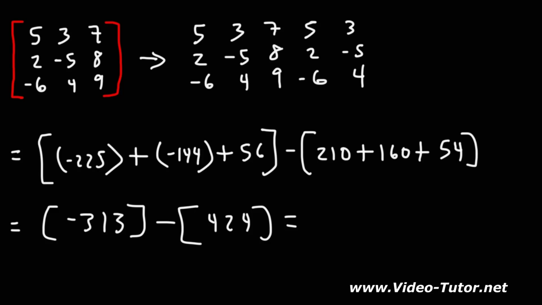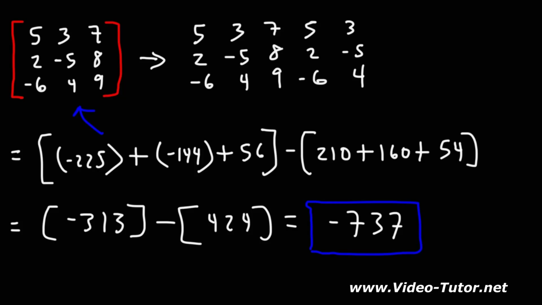Negative 313 minus 424 is negative 737. So this is the answer. That is the value of the determinant of this 3x3 matrix. So that's how you could find it quickly using this shortcut method.